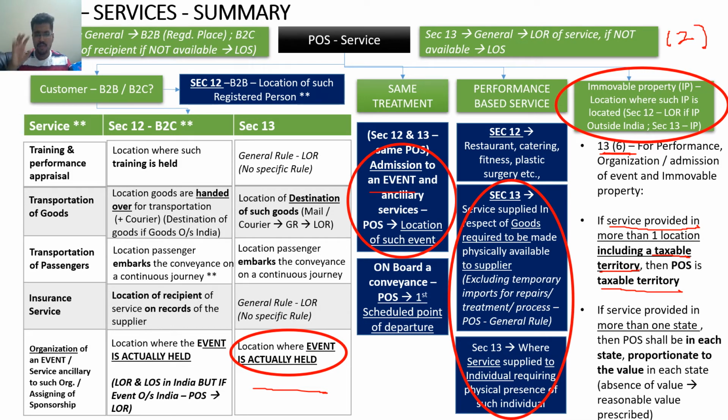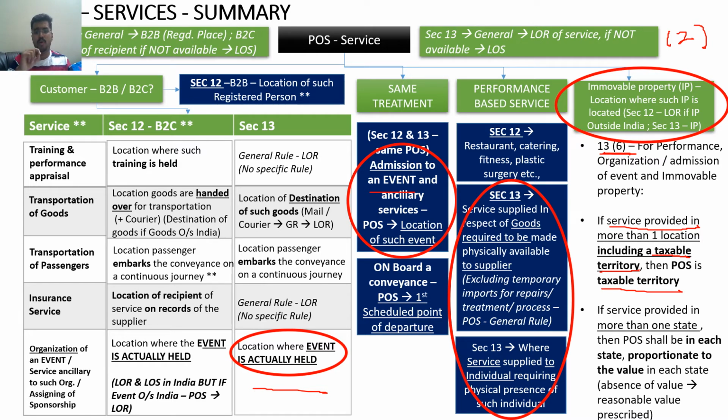So, let's say you are providing a service of testing of emission standards for a particular vehicle, right? So a new product is launched by, let's say, an MNC firm launching a new bike in India, or in India and let's say also Sri Lanka, and he wants to get the emission standards tested for that vehicle in those regions. So now you have, let's say, a firm in Delhi who can provide this service.